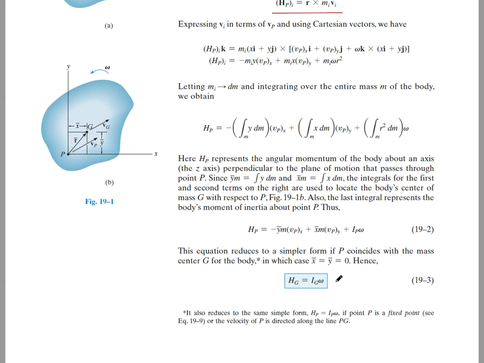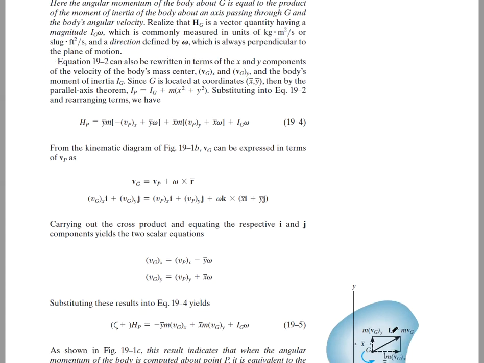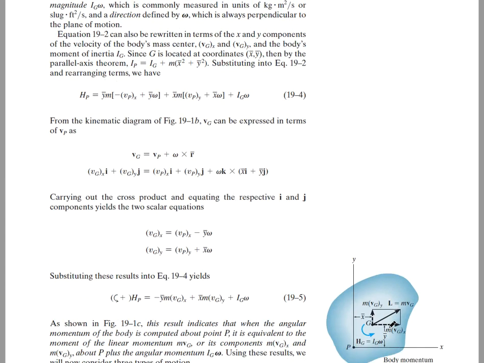Okay, so the earlier equation, when we looked at the mass moment of inertia about a point P other than the center of mass, can be handled in a process that is not much different from what we learned on energy conservation.